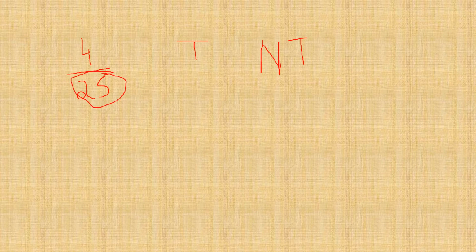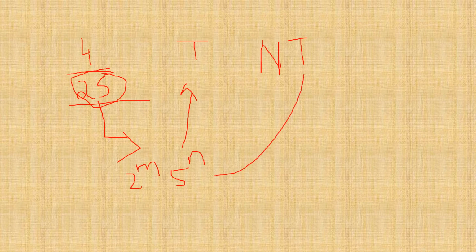If the denominator is in the form of 2 power m into 5 power n, then they are called terminating decimals. If the denominator is not in the form of 2 power m 5 power n, then they are called non-terminating decimals. What is this 2 power m 5 power n?